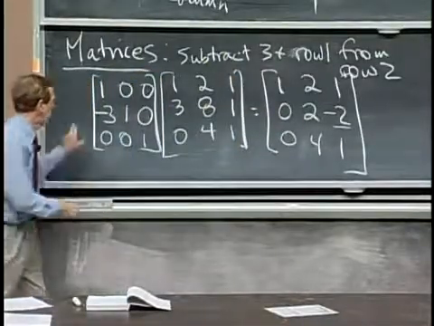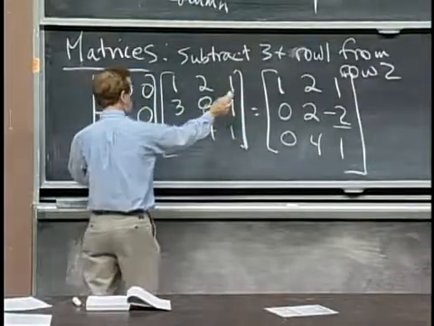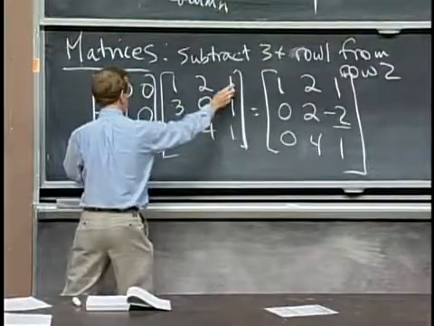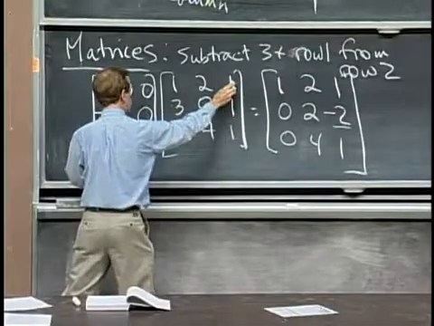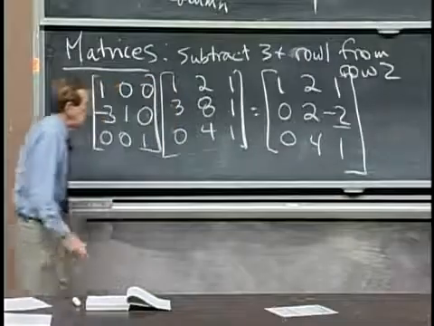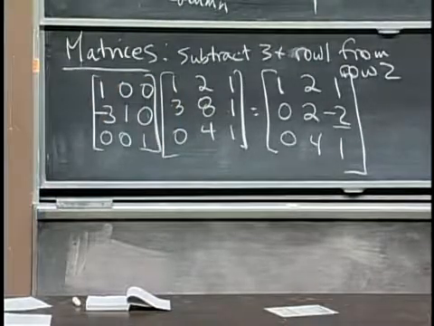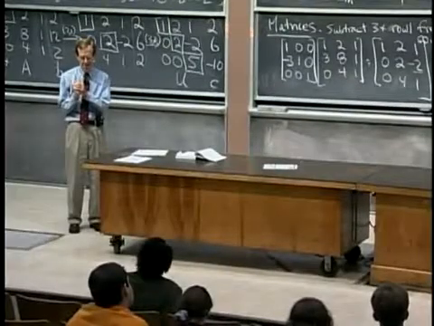I just take this dot product: -3 times, plus 1, and 0 gives the -2. Yeah, it works.